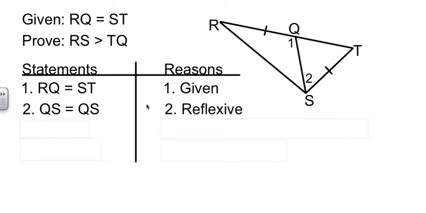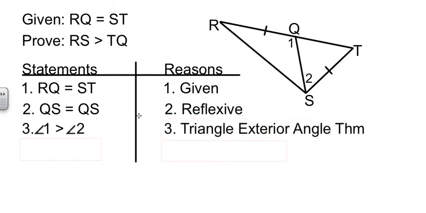I need to know how angle 1 and angle 2 compare. Well, earlier in this chapter, we determined that the exterior angle of a triangle is greater than either of the remote interiors. Angle 1 is outside triangle QST. It's an exterior angle, so it's bigger than angle 2 and it's bigger than angle T. So I can say 1 is greater than 2 based on the triangle exterior angle theorem.